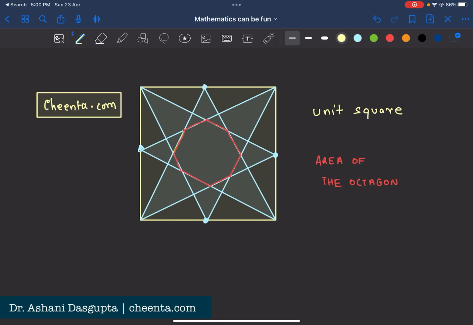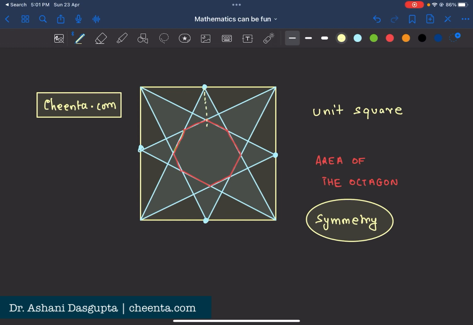Okay, let's try solving this. The first thing is we will be using something called symmetry. So we will use symmetry to highly simplify this problem.